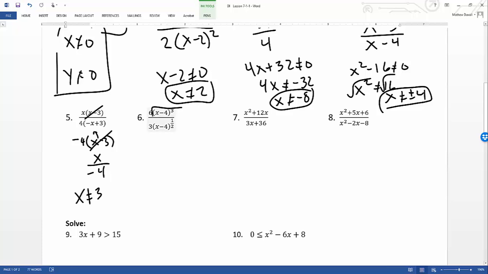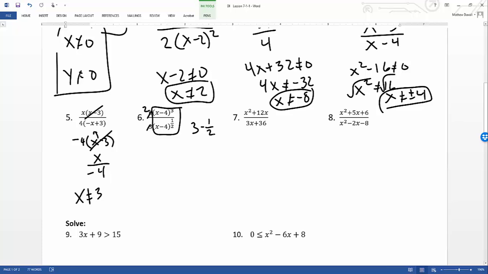For this one right here, the 6 and the 3, obviously, that gives me a 2. But those exponents, how does that cancel out, right? Because they're factors. They're both x minus 4. So what we have to do is go back to our rules of exponents.